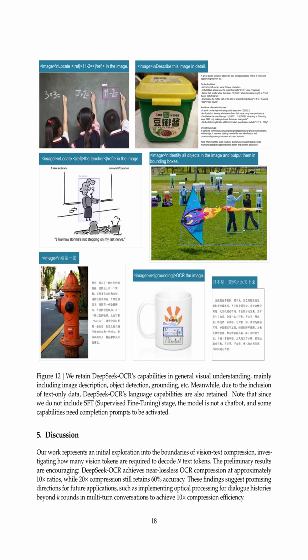A green plastic container labeled for food storage purposes. The lid is yellow and appears slightly worn out. On the front label, at the top left corner, some Chinese characters. In bold black letters near the center top reads 6月香, June fragrance. Below that, smaller white font states 鲜甜咸香, which translates roughly to fresh, sweet, salty, fragrant. Dominating the middle part of the label is large lettering stating 豆瓣酱, meaning bean paste sauce.